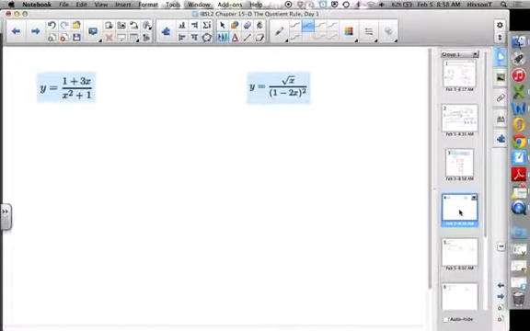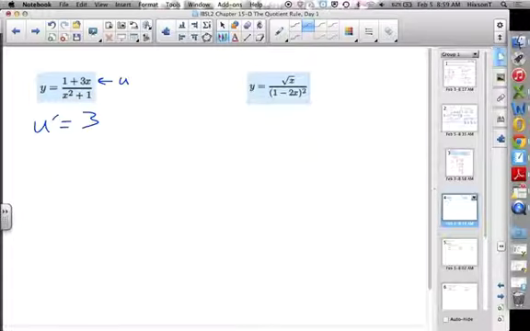Alright, so let's work our way through these two. These are two that, frankly, I wouldn't try to use any of the other methods on anyways. So let's just talk our way through this. U is our numerator, so what would U prime be? 1 plus 3x, the derivative would be 3, okay?